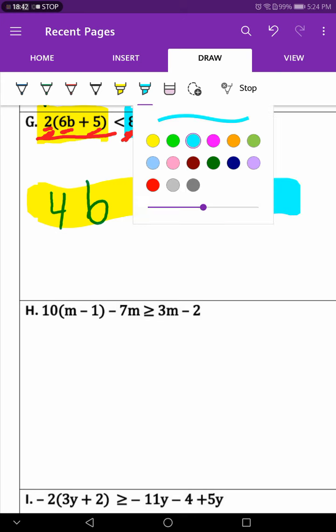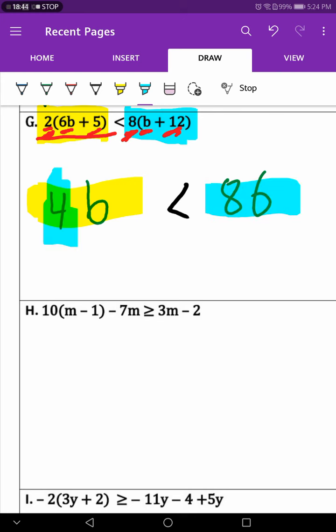The coefficient is 4, so divide by 4. Now the b comes down alone and happy. And 86 divided by 4, it is 22. Yes, I think it is 22.